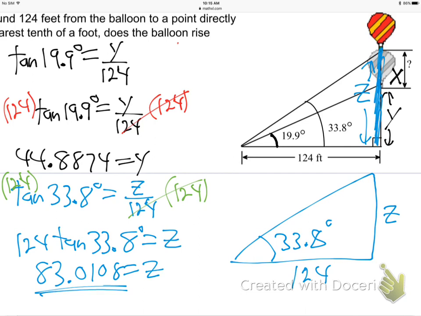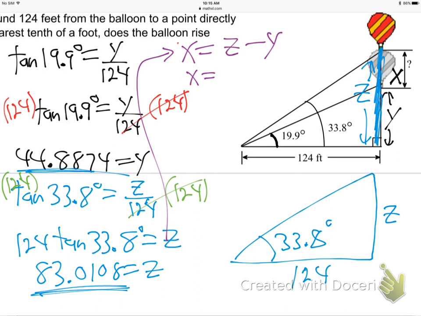So we've got z, we've got y. Subtract them, right? Because z is the whole thing. Subtract y, and you'll get x, won't you? So that's our final calculation. X is z minus y. So X is 83.0108 minus y.